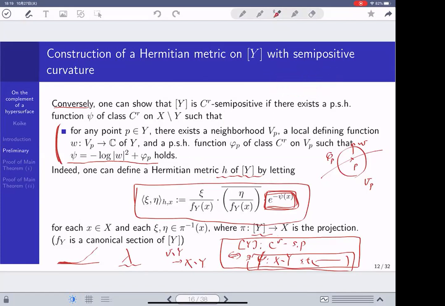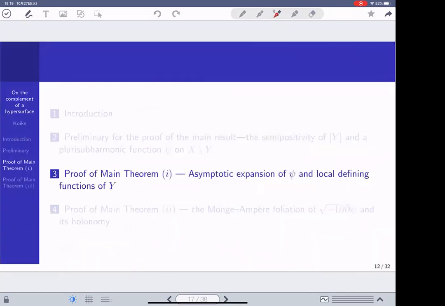Not clear, but easy. Okay, this is the preliminary part.